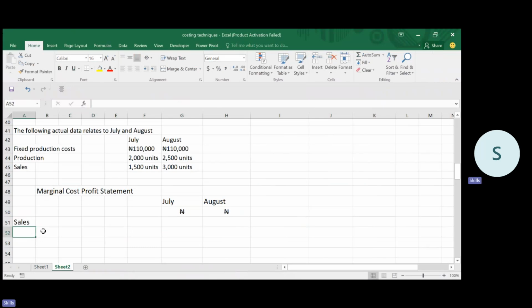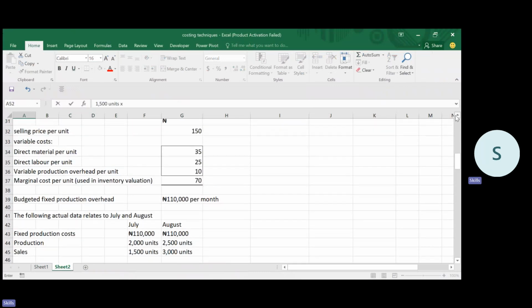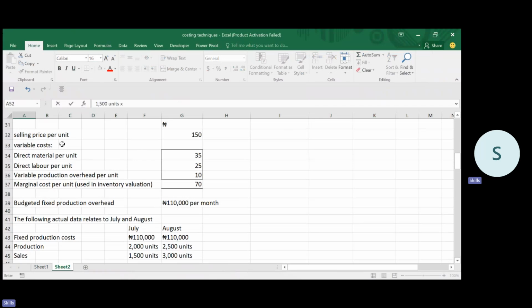So the sales, we have 1,500 units. At what price? We have the price per unit. We are given the price to be 150 naira. Selling price per unit, 150 naira.